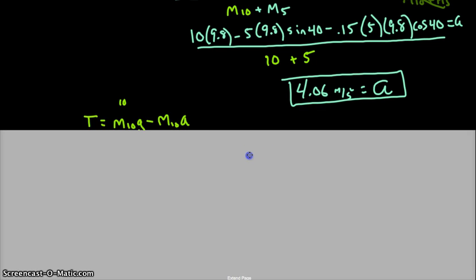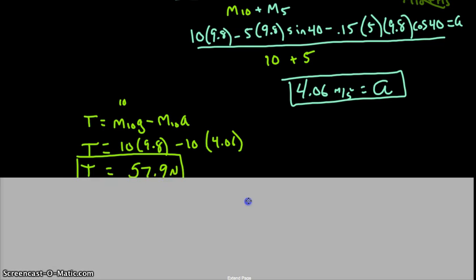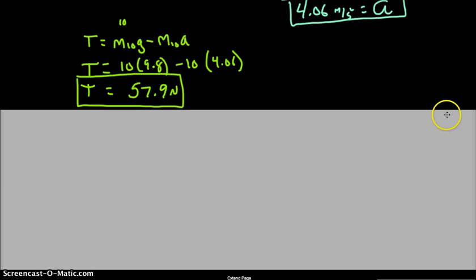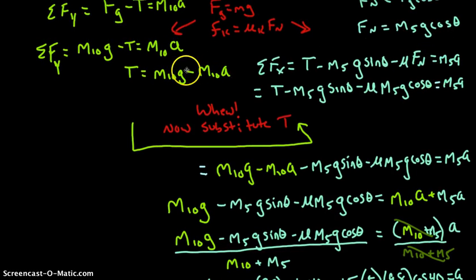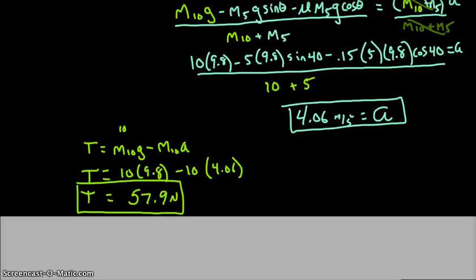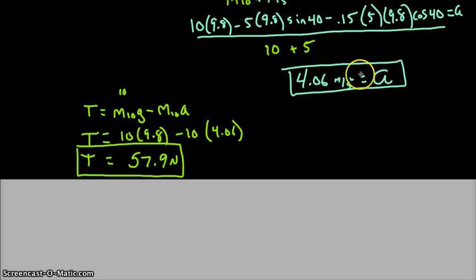And then we come back up to our other equation that we had way up here, and I'm just bringing that one down and substituting in our value for the acceleration. And we can find out that the tension in the string was 57.9 newtons.